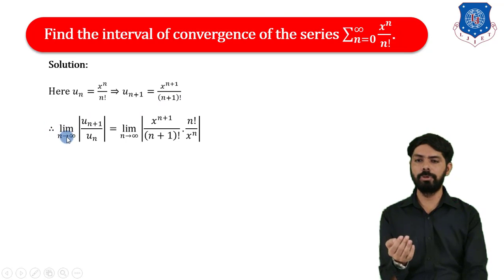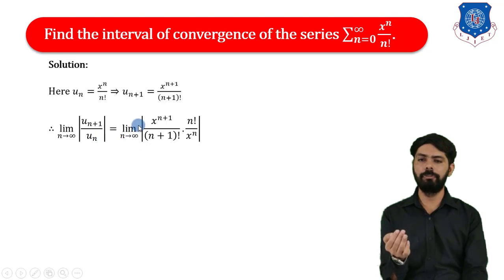Therefore limit n tends to infinite modulus of un plus 1 divided by un is equal to limit n tends to infinite modulus of x raised to n plus 1 divided by n plus 1 factorial into n factorial divided by x raised to n. Now here x raised to n plus 1 can be written as x raised to n into x raised to 1. So here x raised to n cancel out.